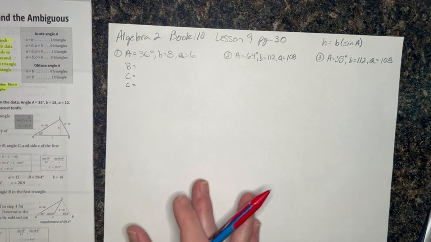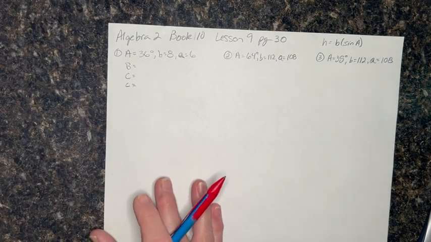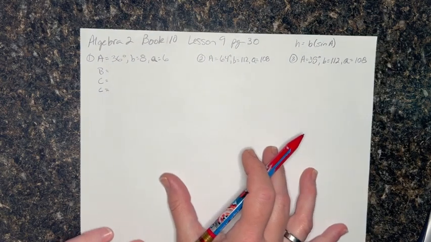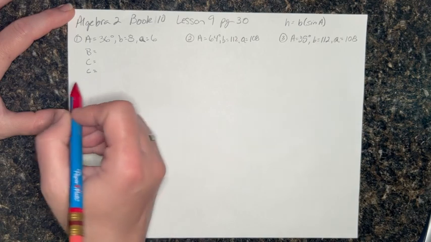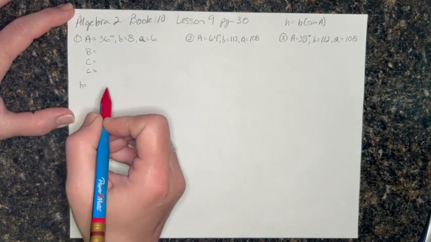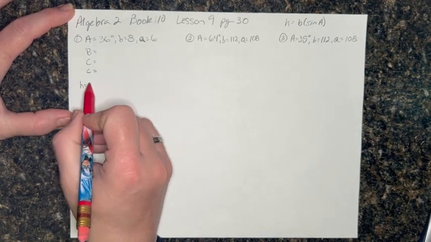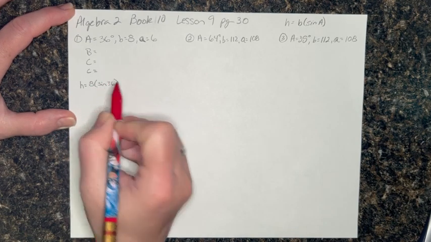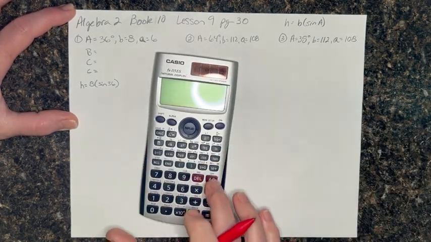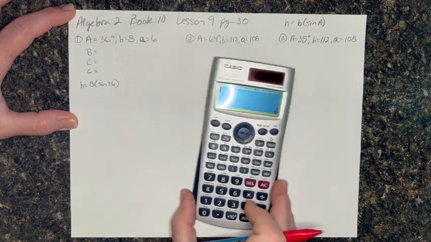Now, I'm going back and looking at my little triangle here, my little gray box. My A is less than B, so now I need to know what my A is compared to my height. So we need to solve for the height, which I wrote down here. So the height is going to equal B, which is 8, times the sine of 36 degrees. Okay, calculator, work.